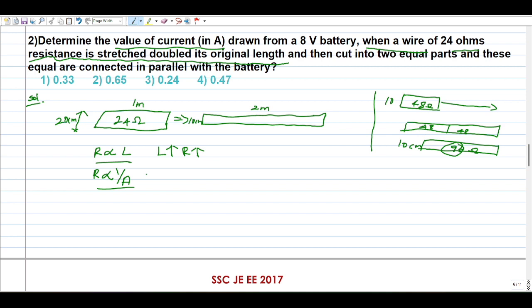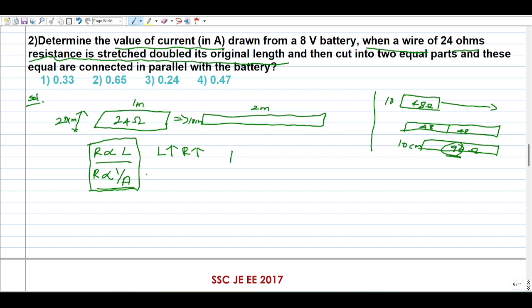After stretching this conductor, the value of resistance is 96 ohm. Please understand these two concepts: resistance is directly proportional to length and inversely proportional to the area. If you understand this, you can get to know how it is converted from 24 to 96 ohm.